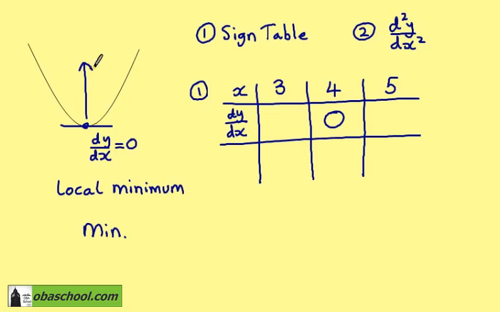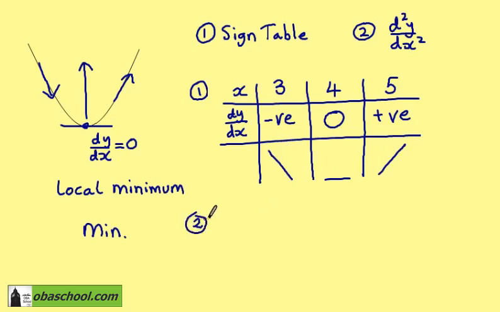For this type of turning point, we have a negative gradient to the left and a positive gradient to the right. If we draw a picture of this, it goes down, across and up, and we can identify the minimum shape.